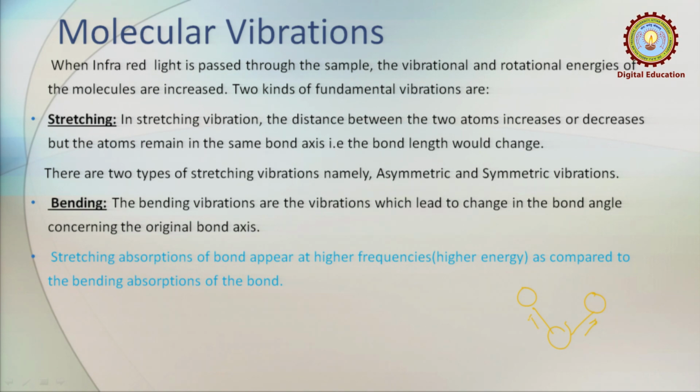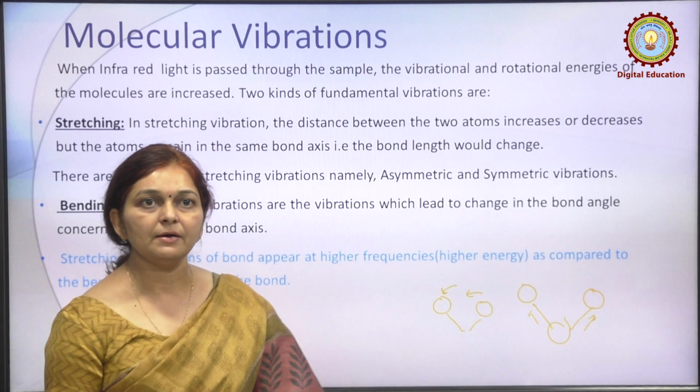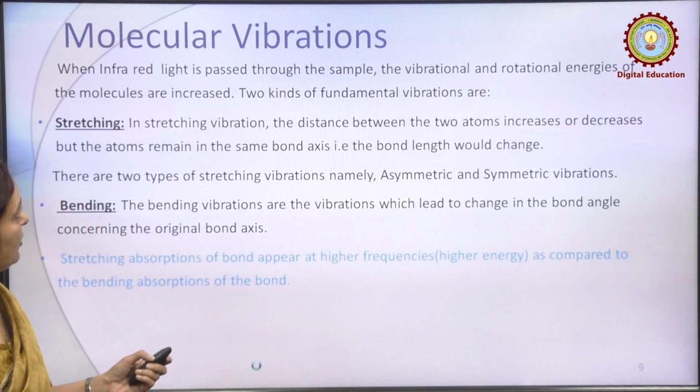When you want to stretch something and when you want to bend something, more energy is required to stretch in comparison to bend. So, the stretching absorption of a bond appears at higher frequency as compared to the bending vibration of the bond.